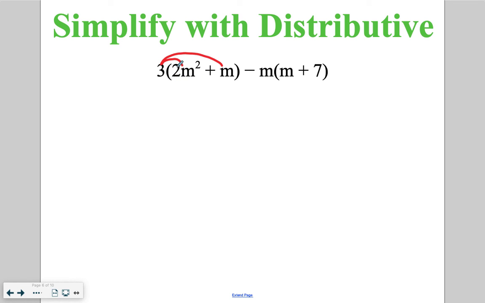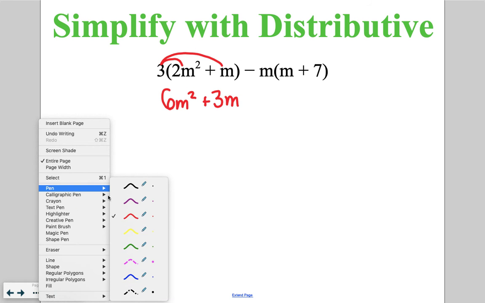We can't do 2m squared plus m because m squared and m are different terms. So I would do 3 times 2m squared. 3 times 2 is going to give you 6m squared, and then plus 3 times m, which is going to give you 3m. So that's distributing with the first part.